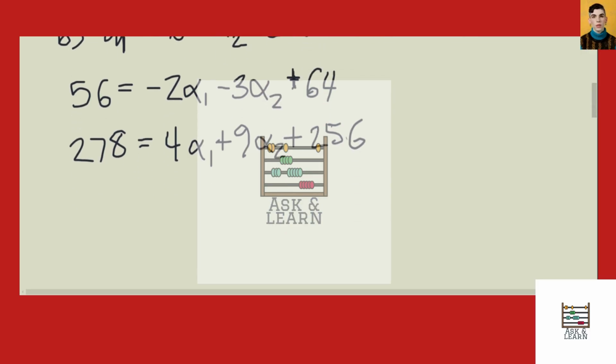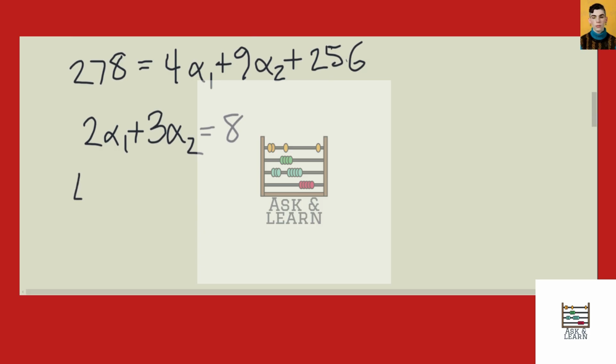For the first equation, we can add 2 alpha 1 plus 3 alpha 2 to both sides, and then subtract 56, so we get this is equal to 8. And for the second equation, we have that 4 alpha 1 plus 9 alpha 2 is equal to 278 minus 256, the same as 78 minus 56, which is going to be 22.